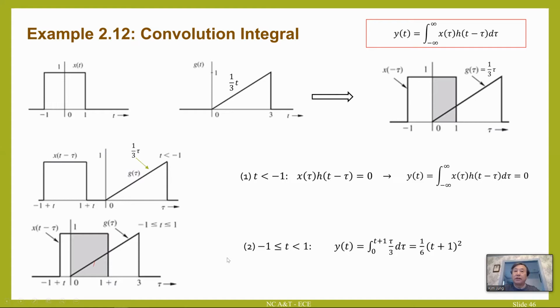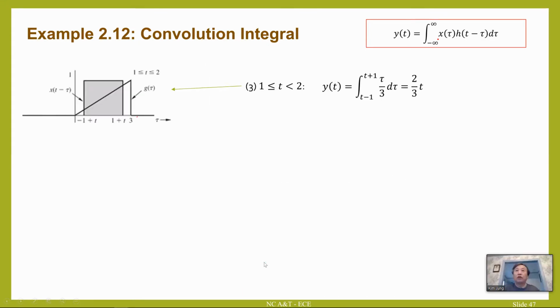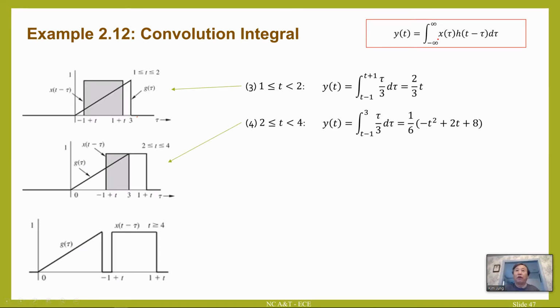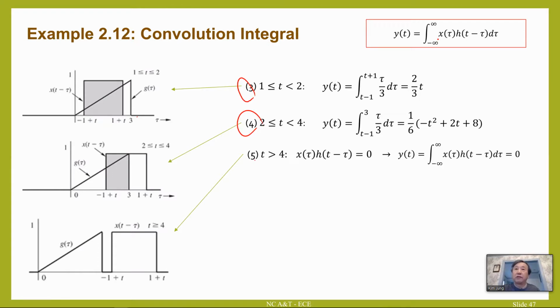This is the overlap area, from the second one, so the result is 2, 3, and 4, basically, and elsewhere is 0. Then the graph looks like this.